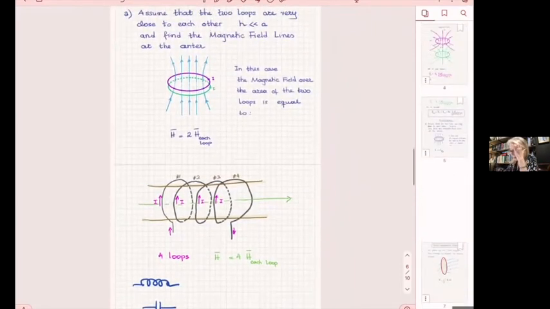What would happen if the two coils had opposite currents?